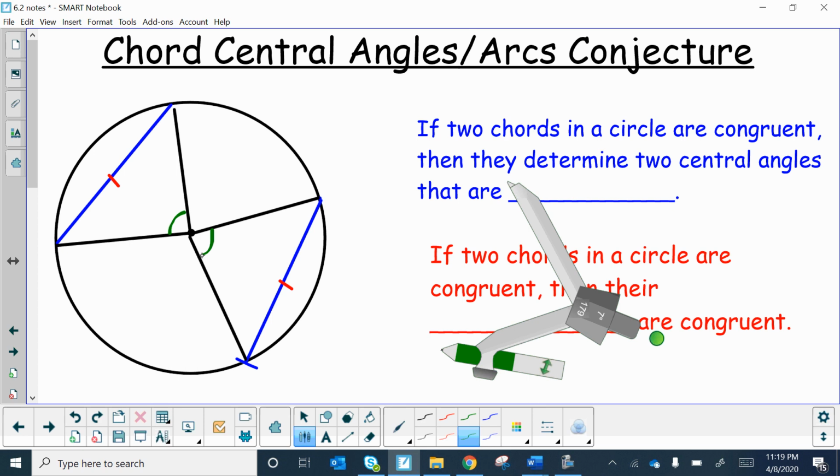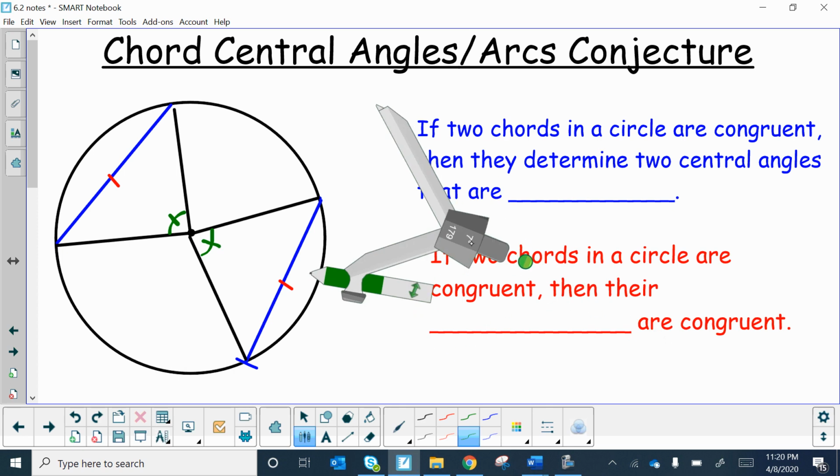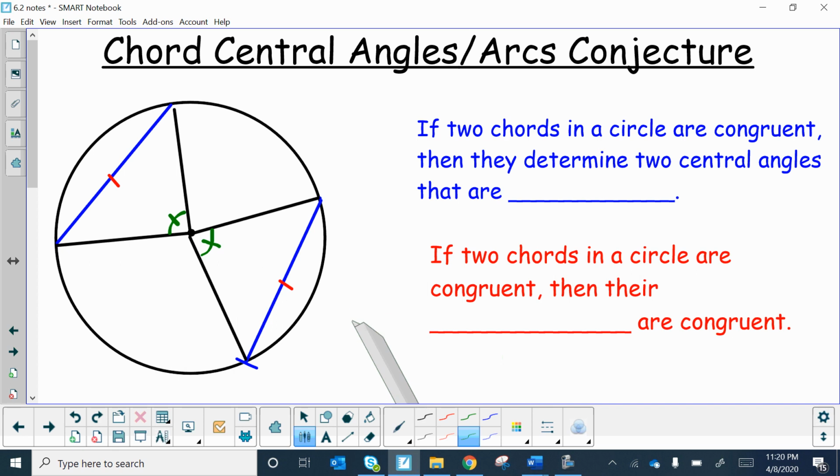But if you were to measure, those two would also be congruent. So if the two chords are congruent, then they're going to form central angles that are congruent.